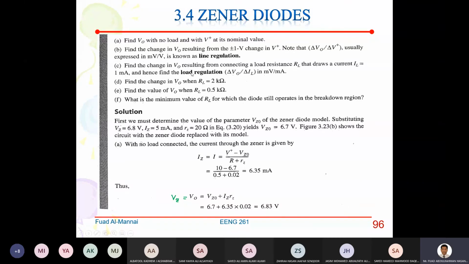Load regulation means delta V out over delta IL, expressed in millivolt per milliamp. So delta V out over delta IL is called load regulation.